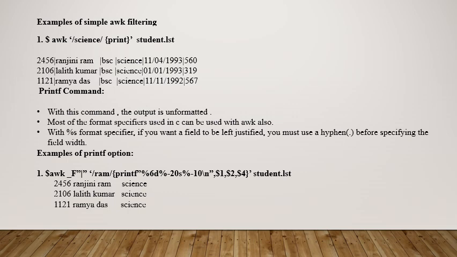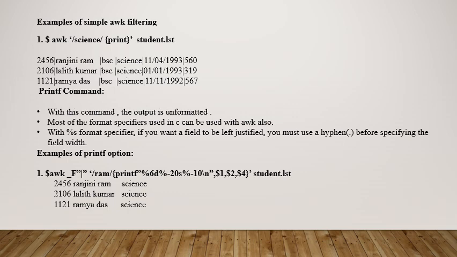You can see here, sorry, in the example it should display Ramya Das. Instead, sorry, Bindu Ram. Instead of that, it displayed Lalit Kumar. It is wrong, but definitely it's going to search for the pattern Ram and print the fields.